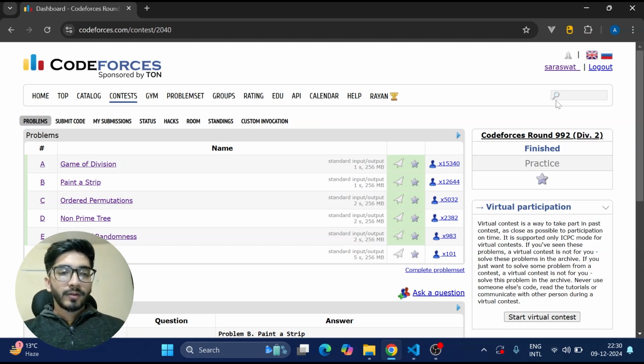So today we will be discussing problems D and E, because up till C most of the people were able to solve, and D and E were the problems based on trees. I think these two problems are more straightforward and easy to implement as compared to coming to a solution.